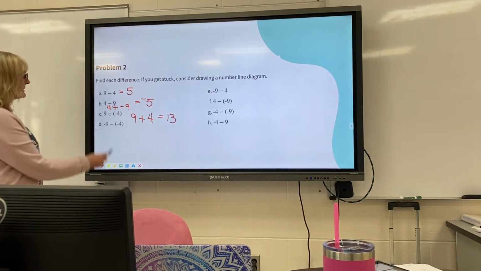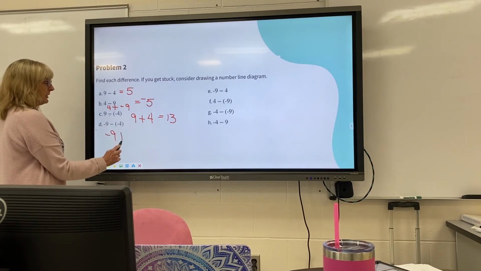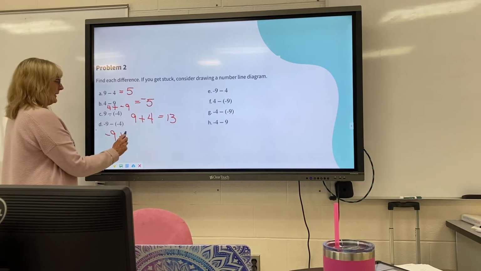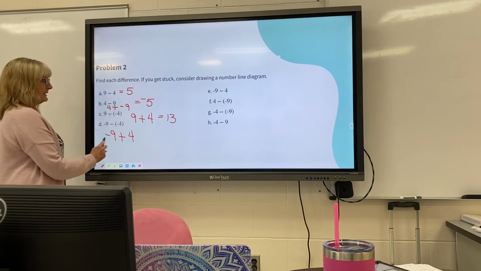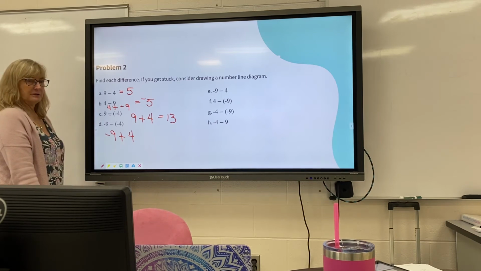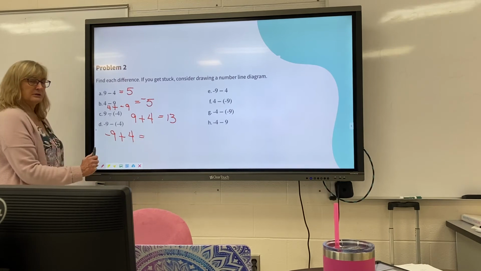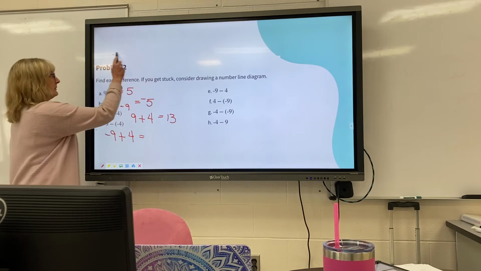All right, next one. I'm gonna copy the first number, change subtraction to addition, take the opposite of -4, and that would be +4. Are the signs the same or different? Different, so I'm going to think about subtract.